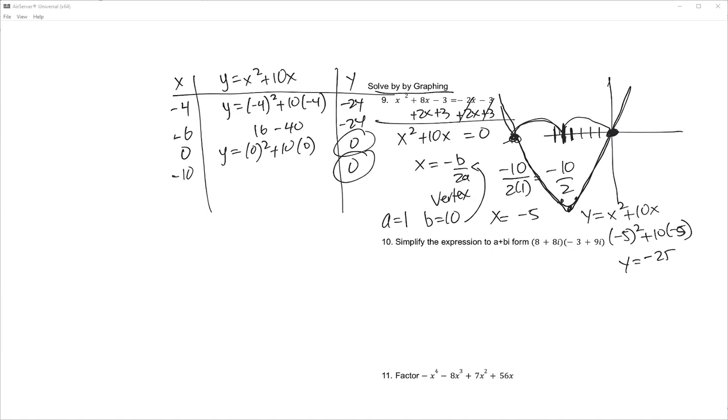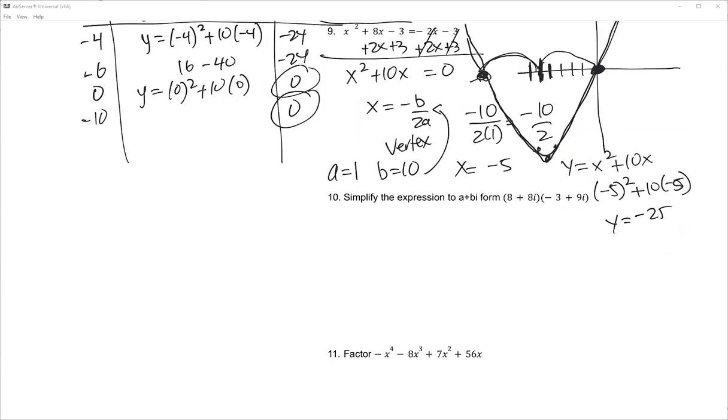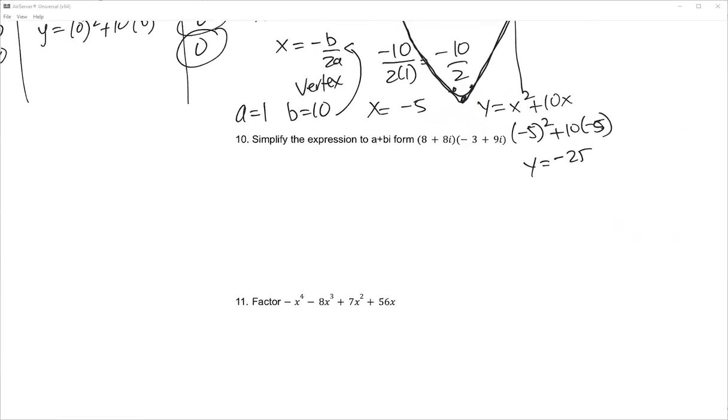Number 10, imaginary numbers. We went over this the other day. FOIL will be -24 plus 72i minus 24i plus 72i squared. So what? i squared is -1.